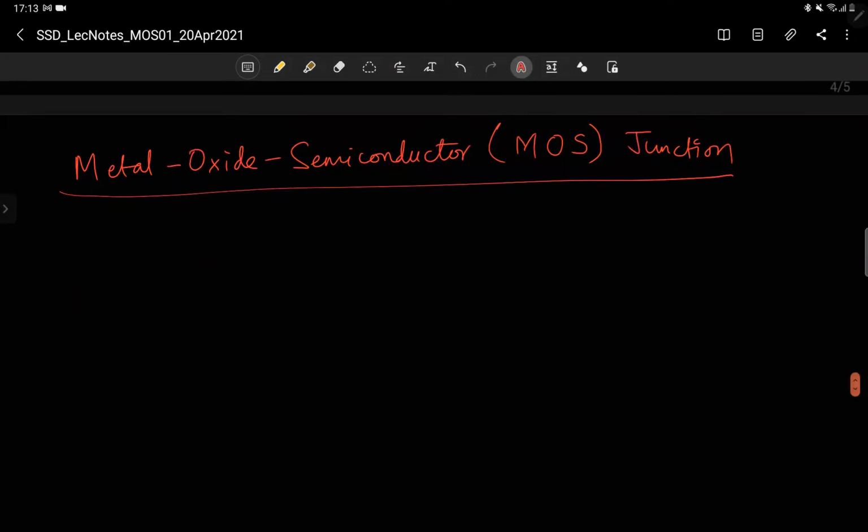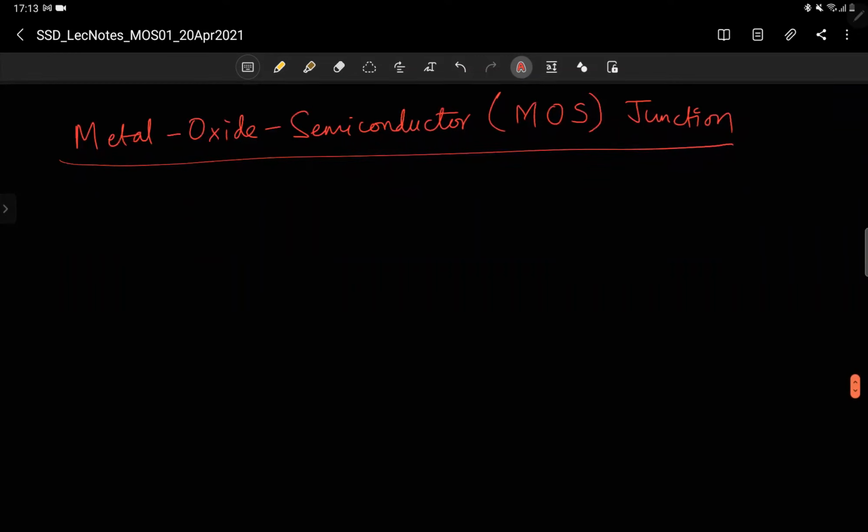So let us just try to go through the salient points of this. As I tell you, this is what we have to discuss before discussing the device called MOSFET. Okay. So MOSFET means metal oxide semiconductor field effect transistor.